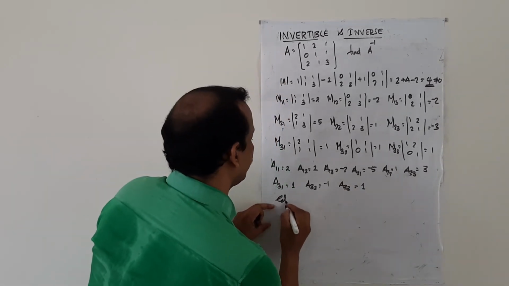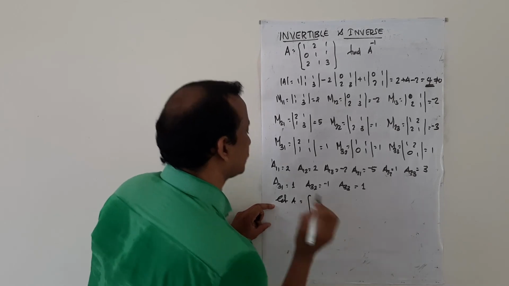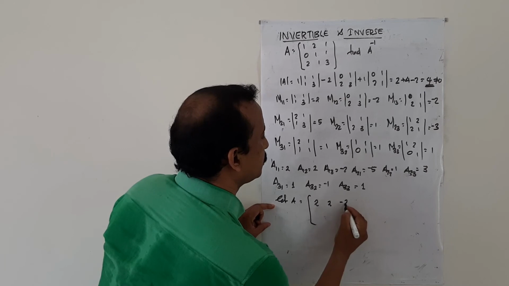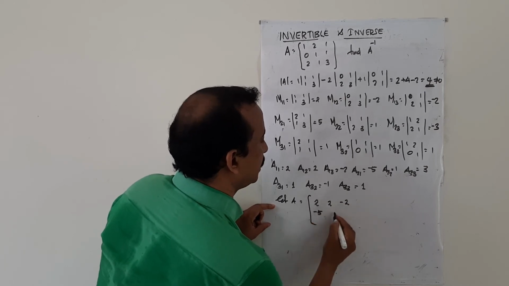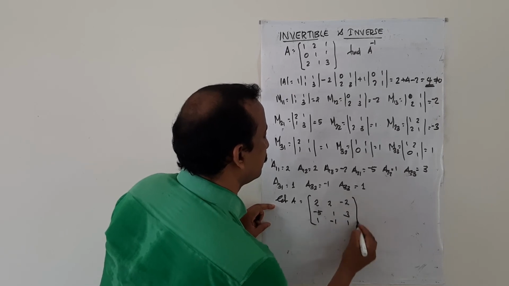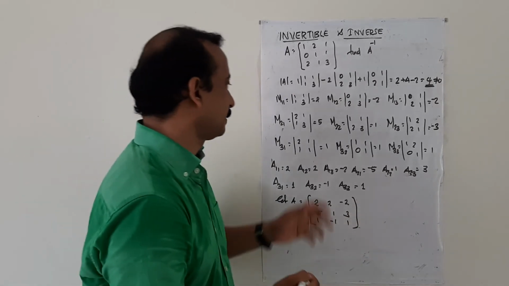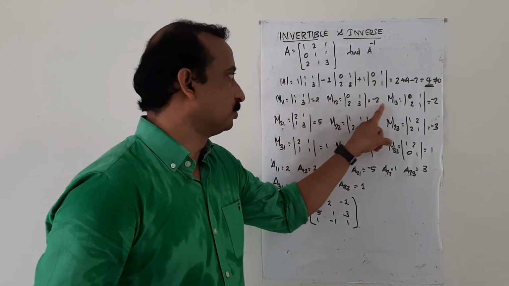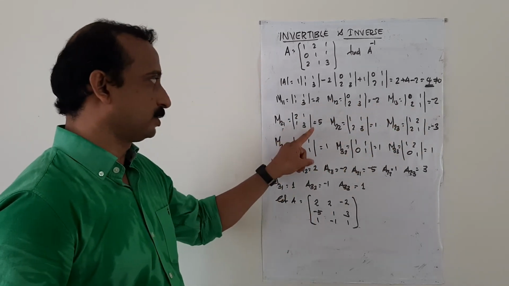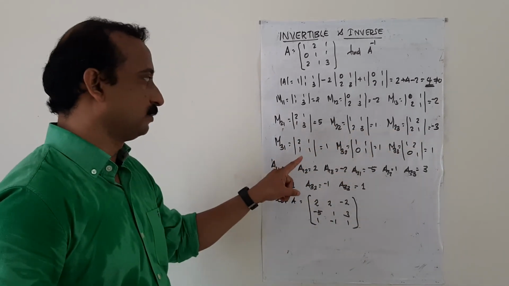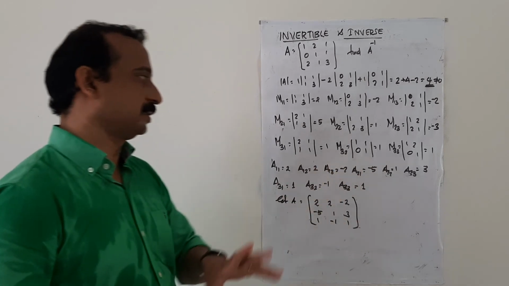Therefore the cofactor matrix of the given matrix is [2, 2, minus 2; minus 5, 1, 3; 1, minus 1, 1].